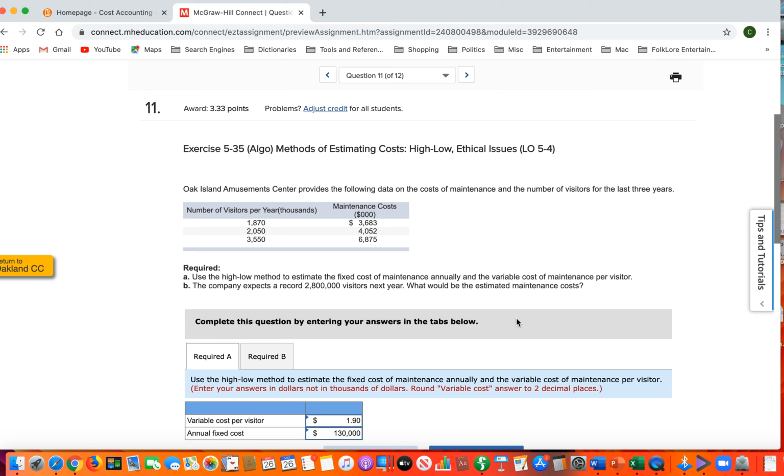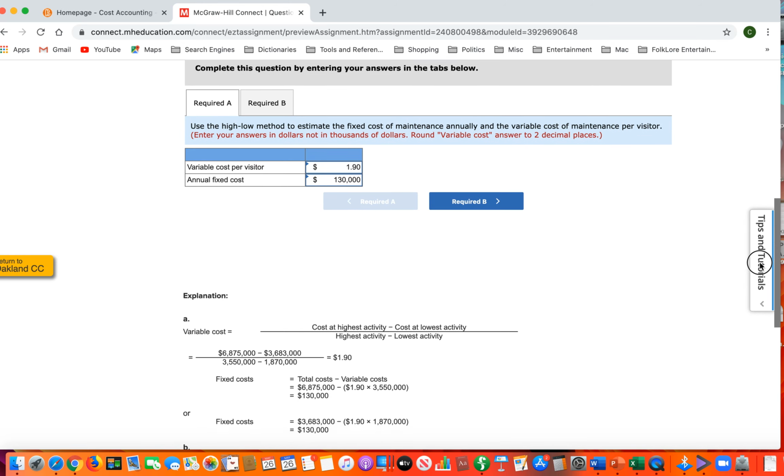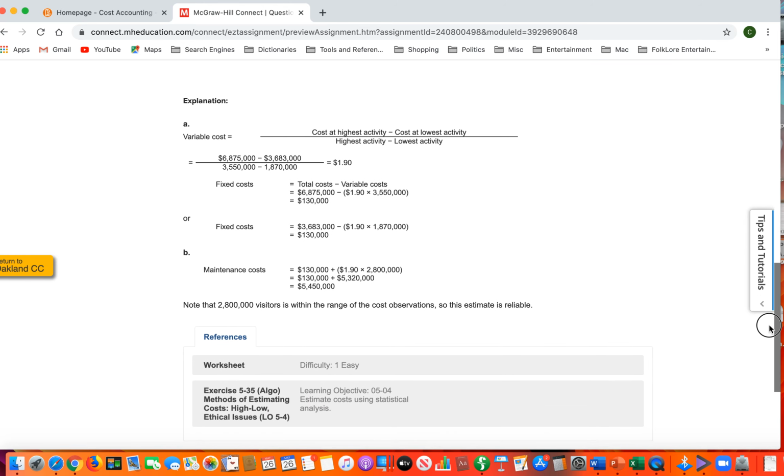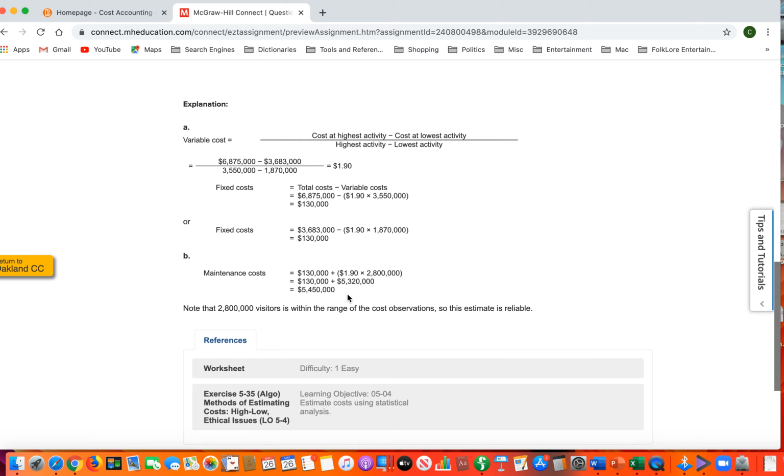And so we take 130,000 plus, that's y equals a plus bx now, and a, the fixed cost, is 130,000. We just figured that out. Plus, open parenthesis, $190 times 2.8 million, and that's going to give us 5,450,000, and that's what we have here. We agree.